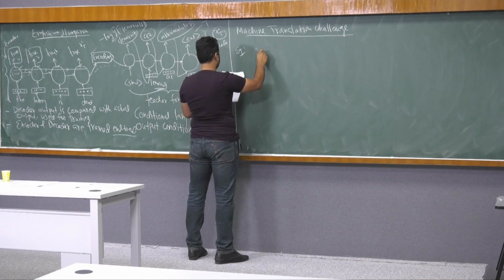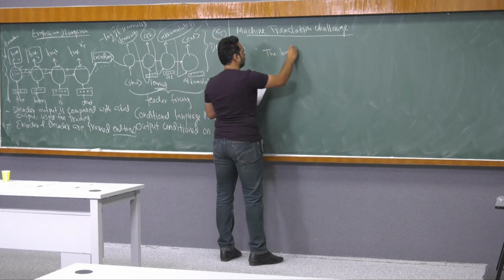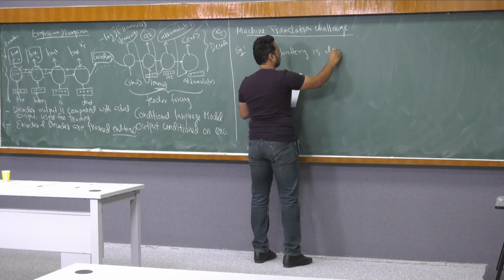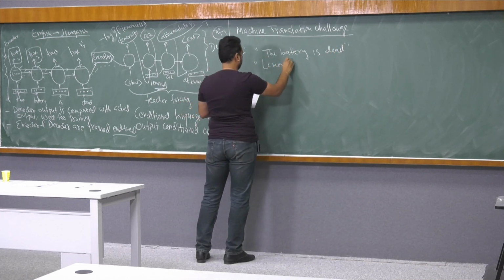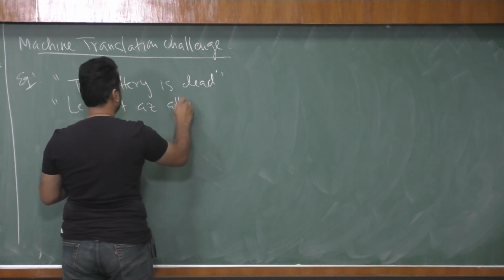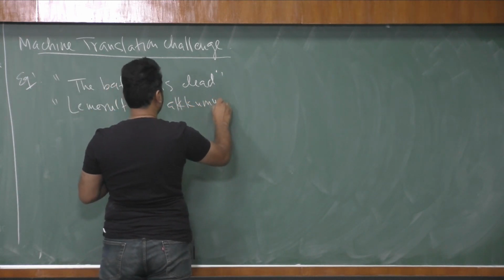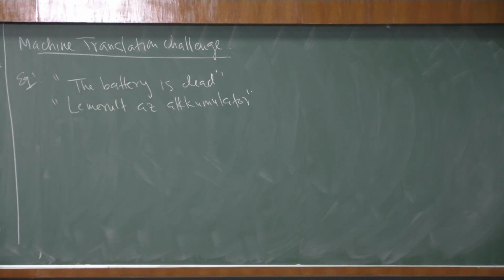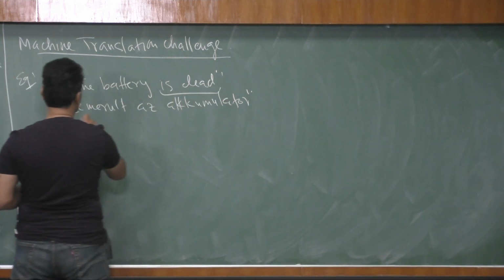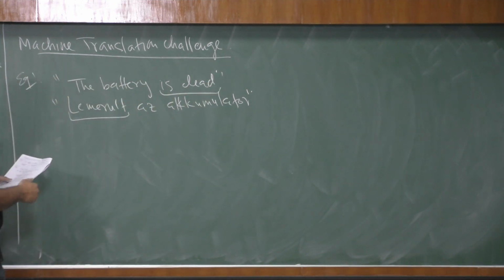Let us say we have words like this: the battery is dead. Now the translated form of this is... so in the language we have these alignment issues. Also a couple of words get translated into one word in translation. So there is something called alignment issue.